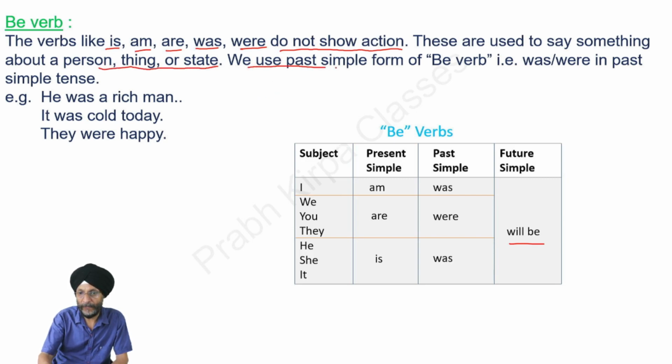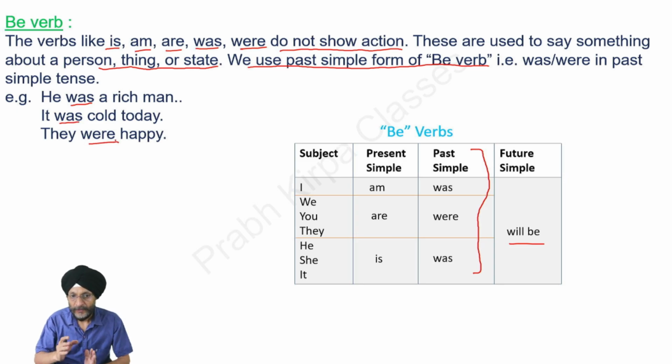We use the past simple form of the be verb, that is was or were, in the past simple tense. For example, he was a rich man. This was or were is the be verb which is used in the past simple form in the past simple tense.